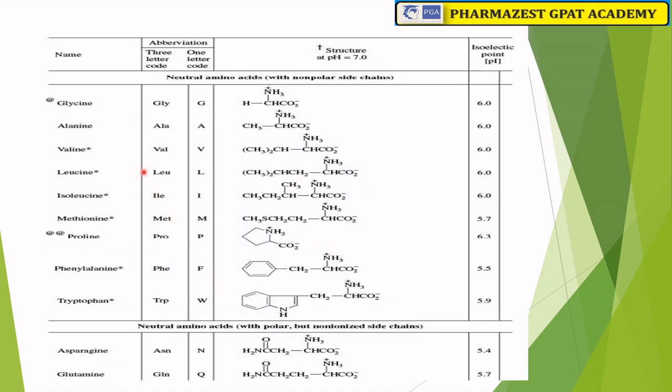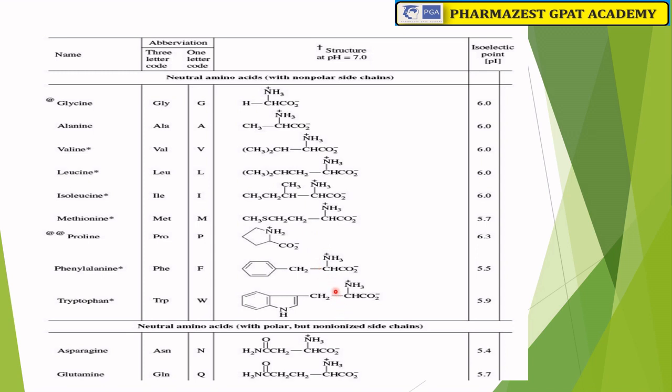Next, coming to some of the important amino acids, their names and abbreviation codes, and this is the structure of the amino acid. Every one contains a parent atom, and based on the different atoms attached to the side chains, these are given different names.